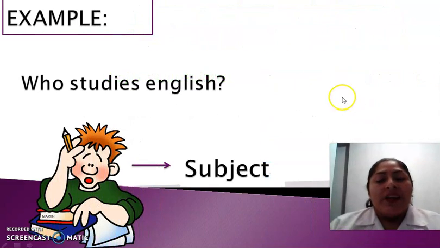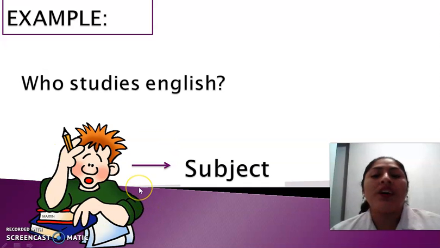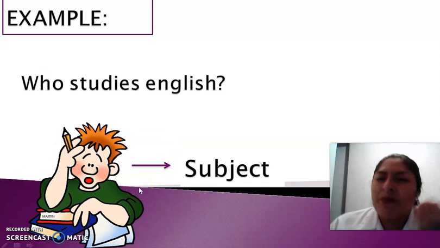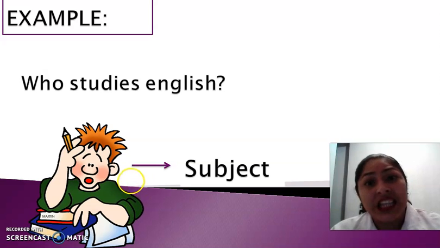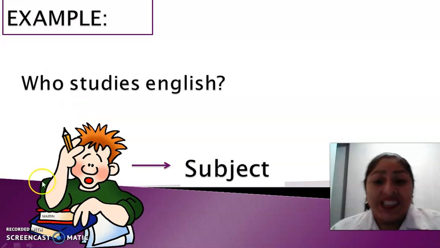Here we have an extra example. Who studies English? This question is talking about a subject. We are going to know who is the person that studies English. Maybe you? No, right? In this case, not. This is the picture. Who studies English?